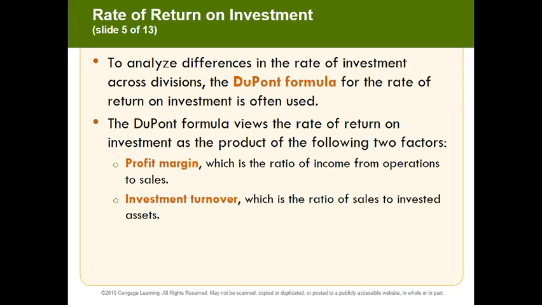Another one of the ways that we can analyze the difference in the rate of investment across divisions is called the DuPont formula. This is the rate of return on investment turned on its ear a little bit. It views the rate of return on investment as a product of two factors. There's the profit margin, which is the ratio of income from operations to sales, and the investment turnover, which is the ratio of sales to invested assets.